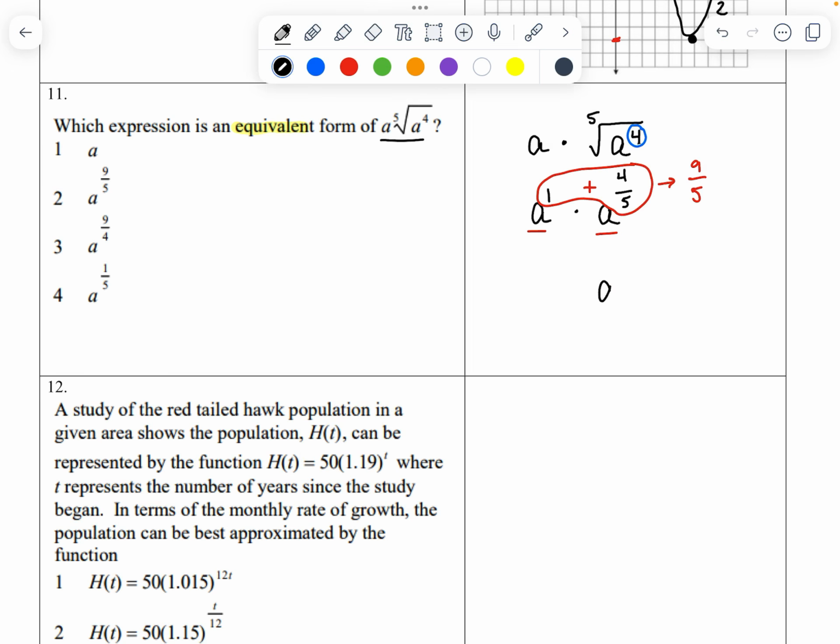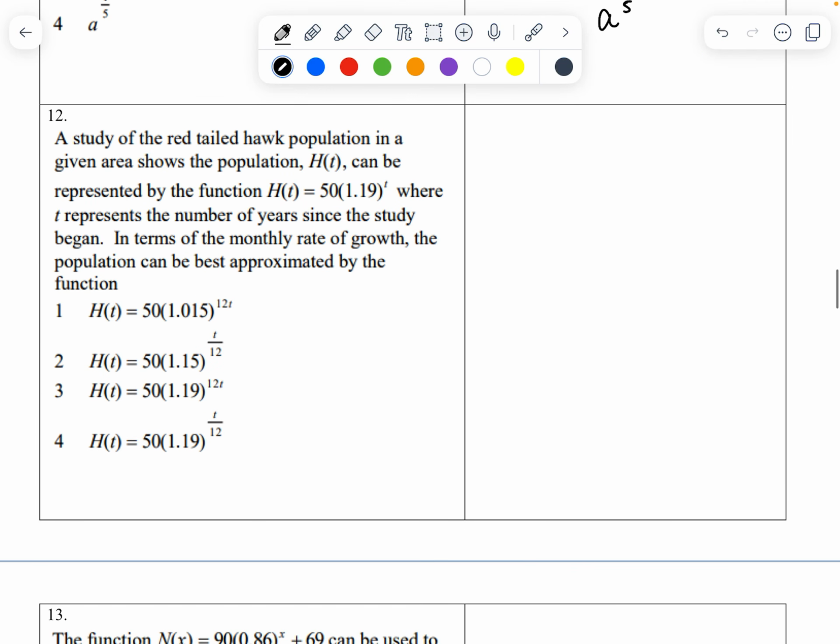So my answer is going to be a to the 9/5, which if you did the equivalent, I would check this if I were you, that would be the correct answer.